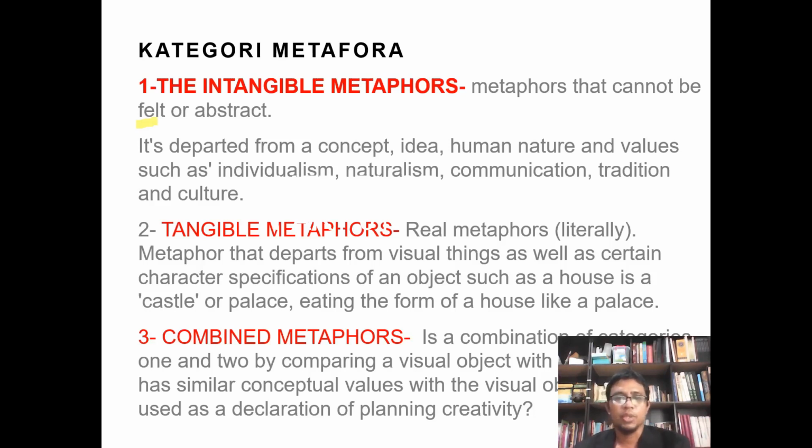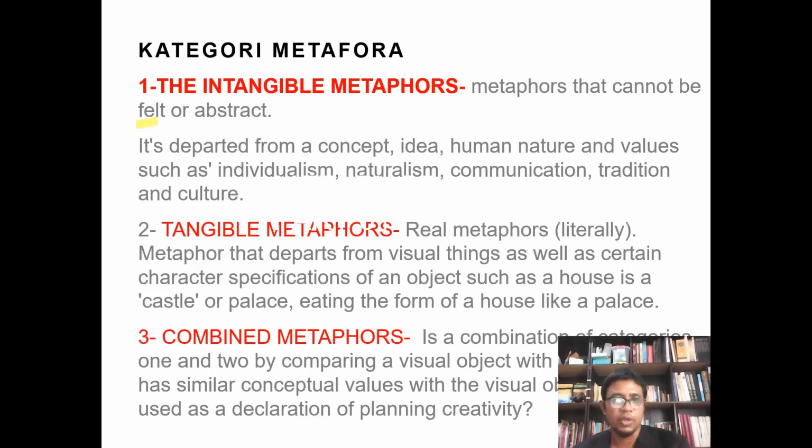Number two is the tangible metaphor. The real metaphor, or literal, is a real object that we can touch. It is a metaphor that departs from visual things as well as certain character specifications of an object, such as a house as a castle or palace, eating in a house like eating in a palace.